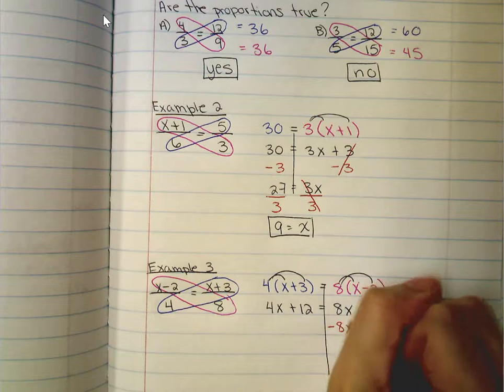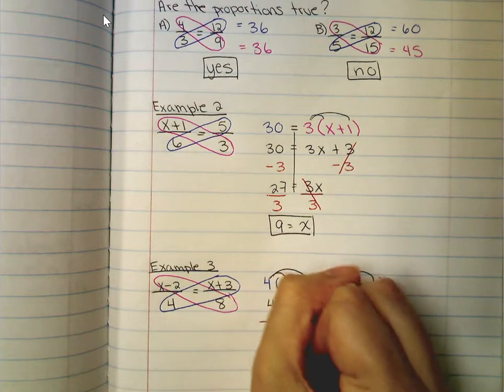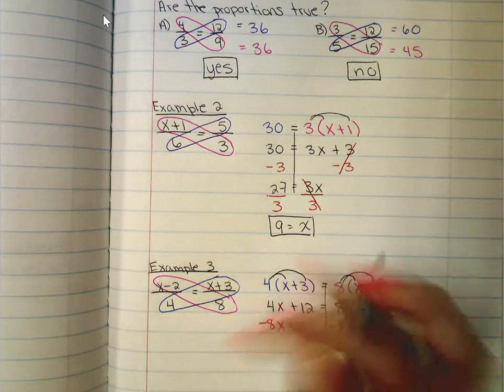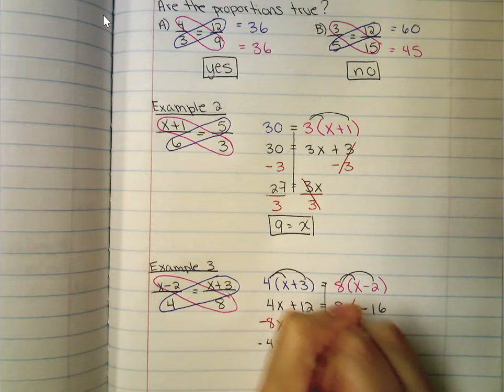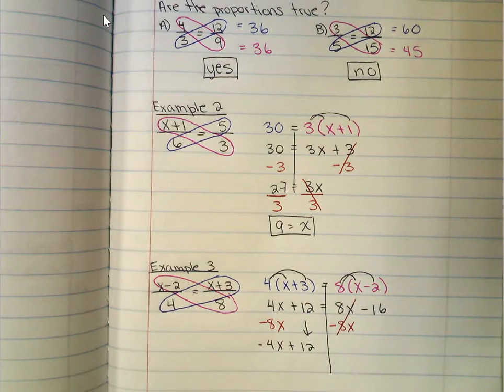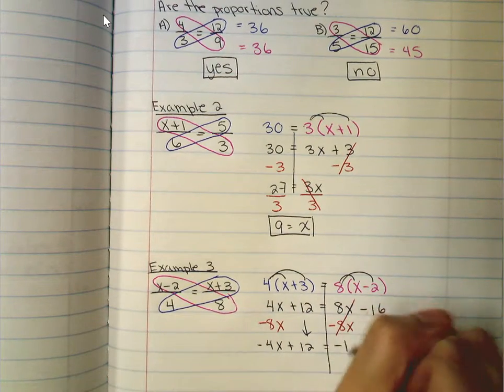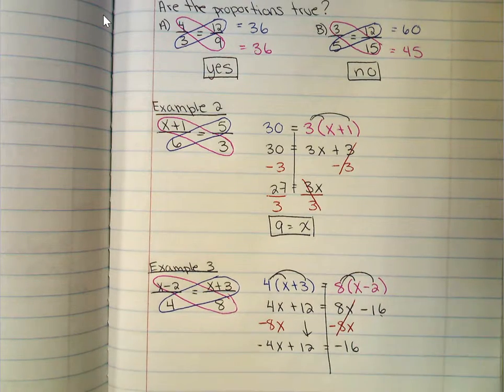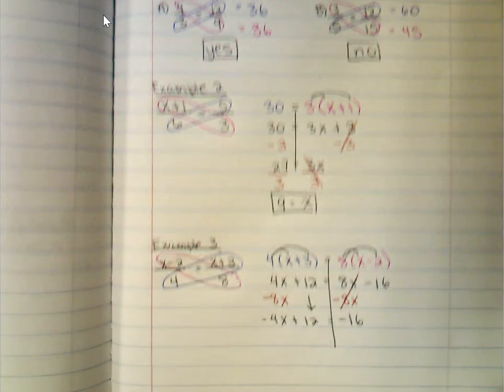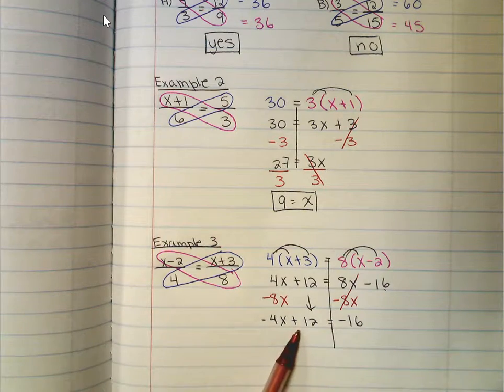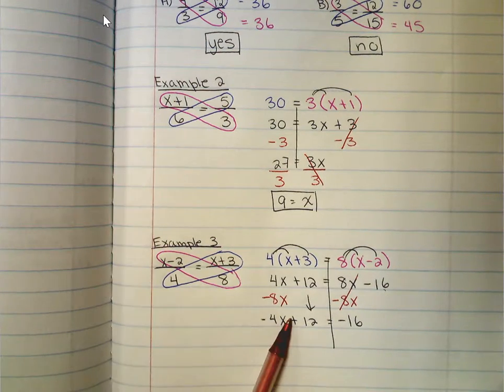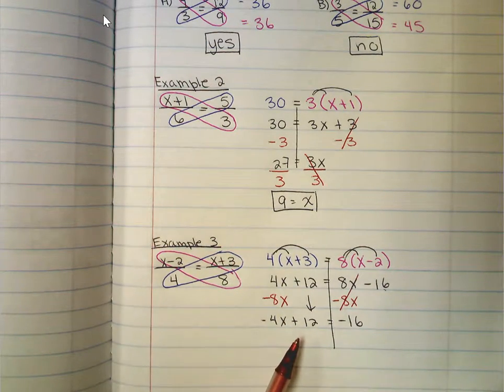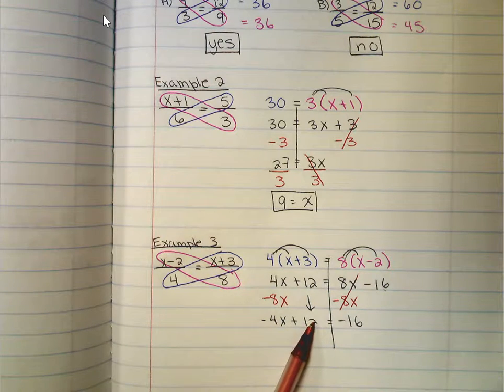I'm going to get rid of the x's on the right side, so I'm going to subtract 8x from both sides. Carry down the 12 and carry down this negative 16 up here. On this problem, my x value is on the left side, so now I have to cancel the numbers that are on the left side. Again, first I have to cancel the constant, that would be the 12. And again, the opposite of plus is minus.